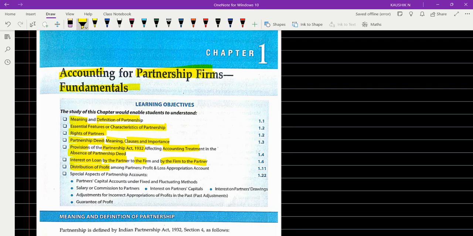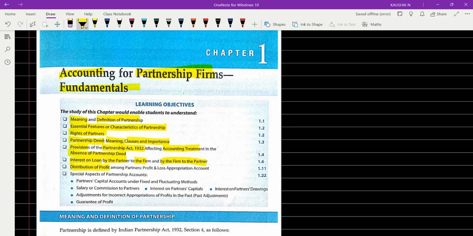Everything has to be dumped on that one individual who is the proprietor of the business. But in partnership, the ultimate objective of the business is to earn profit, though of course at all times we cannot expect profit alone. Sometimes the business will incur a loss.